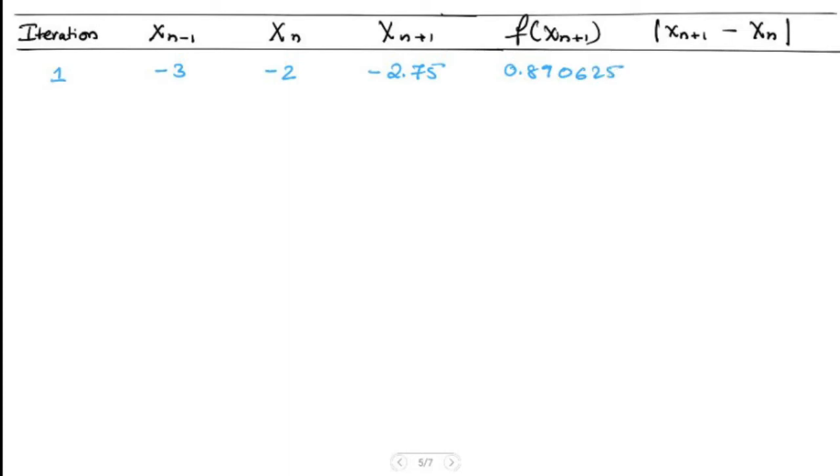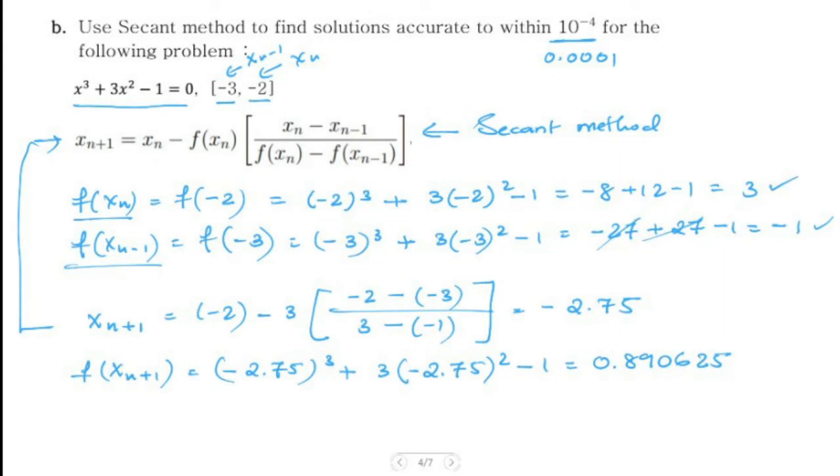Now very important here is to find the difference between xn plus 1 and xn, because based on that we'll stop, since the question says we find our solution accurate to within 10 to the power minus 4.